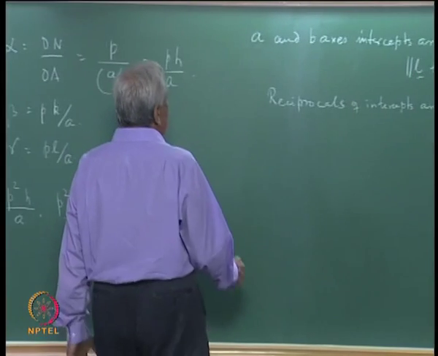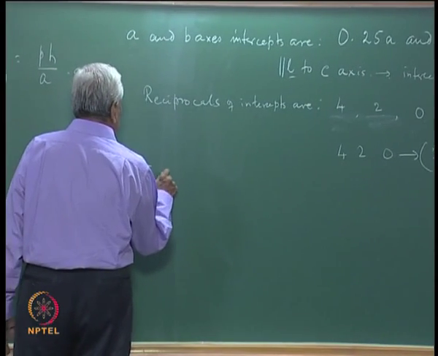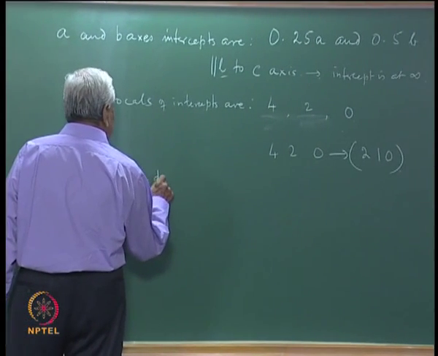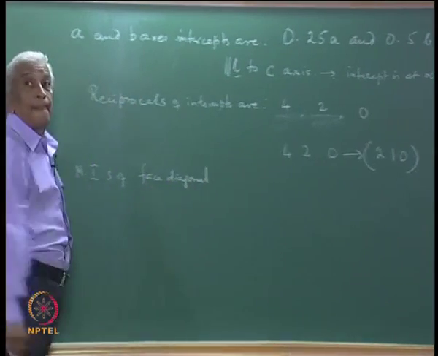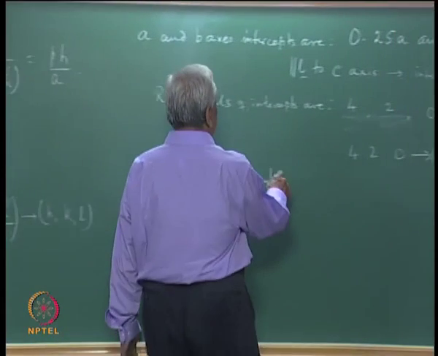Proceeding in the same way, we are also asked to find the Miller indices of the face diagonal in an FCC lattice.